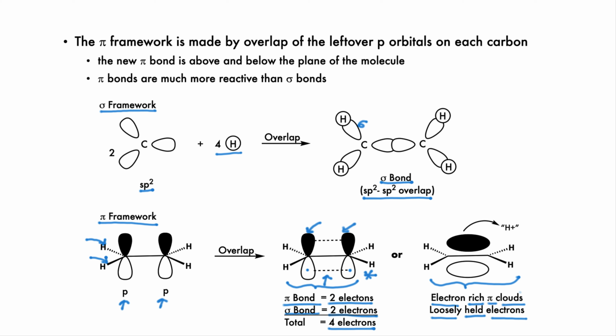These loosely held pi electrons are reactive and tend to be given away to electron-seeking atoms or molecules such as H+. The arrow shows the electrons moving towards the H+. Sigma bonds are much less reactive because their electrons reside directly between the nuclei and are much more strongly held.